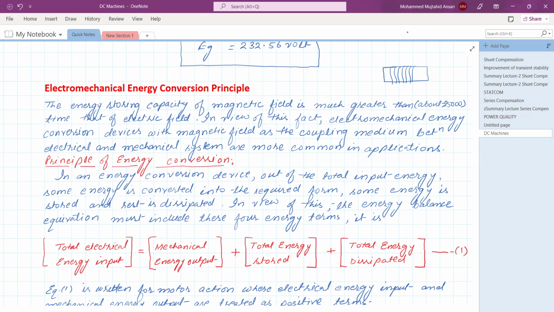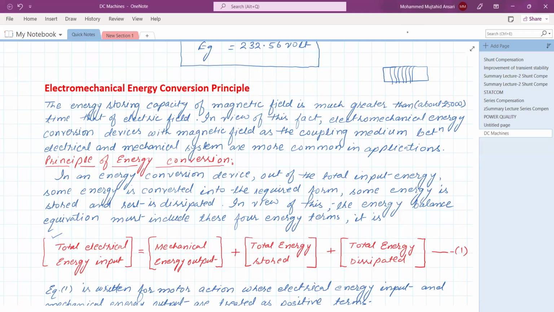Suppose we are considering a system whose input is electrical energy. So here the total electrical energy input is equal to the mechanical energy, that is our required energy, as we want to convert electrical energy into mechanical energy.